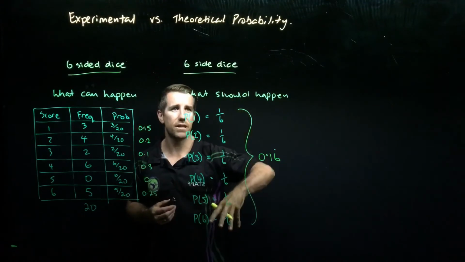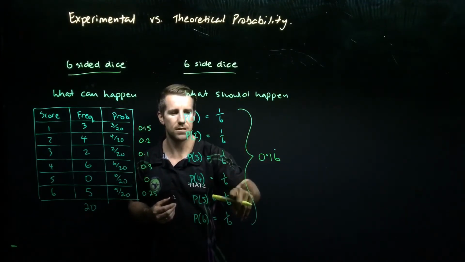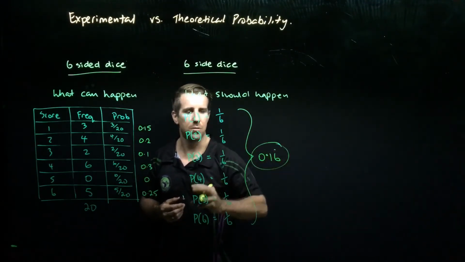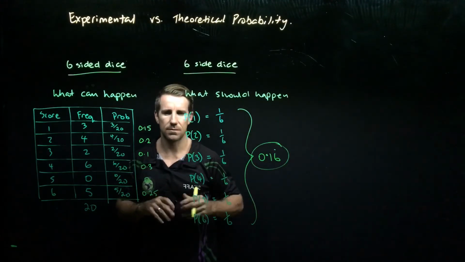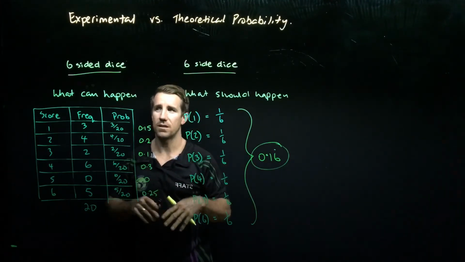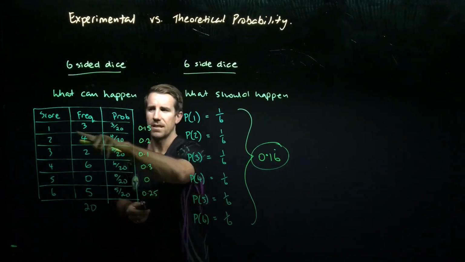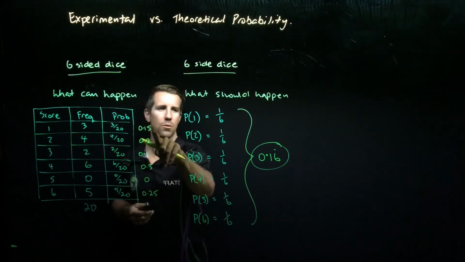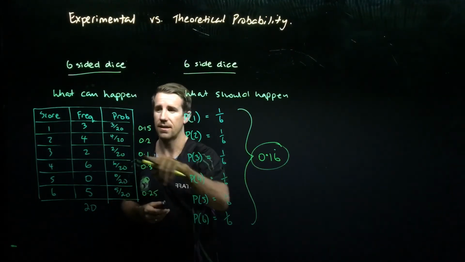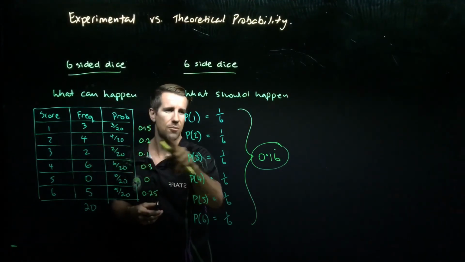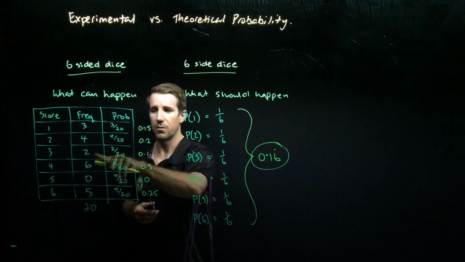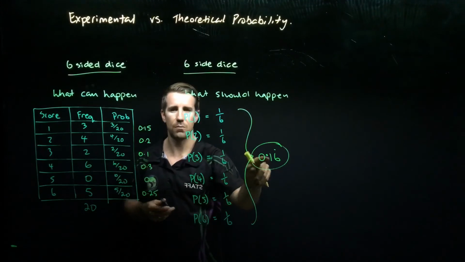On the theoretical side, we had the same probability for each of these numbers, and that converted to a probability of 0.16. Looking at it experimentally, this is what did happen: the probability of rolling a 1 was 0.15, so pretty close to that. Probability of rolling a 2 came out at 0.2, a little bit higher. Probability of rolling a 3 came out at 0.1, which is a bit lower.